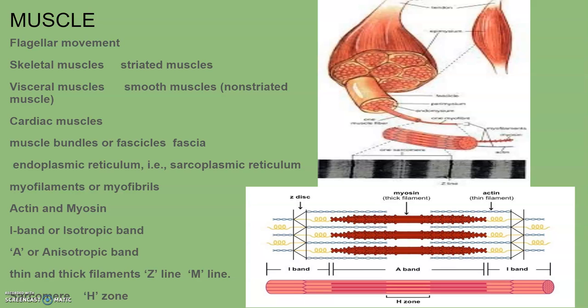They are mesodermal in origin, and 40 to 50% of our adult body weight is contributed by muscles. उनकी special property होती है excitability, contractibility, and elasticity also, and they are classified using different criteria on the basis of their appearance and regulation of their activities. We classify them into three types. These are skeletal muscles.